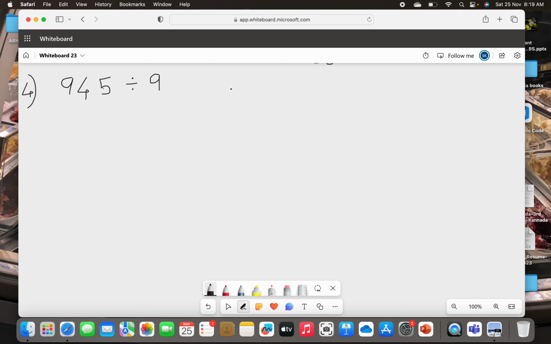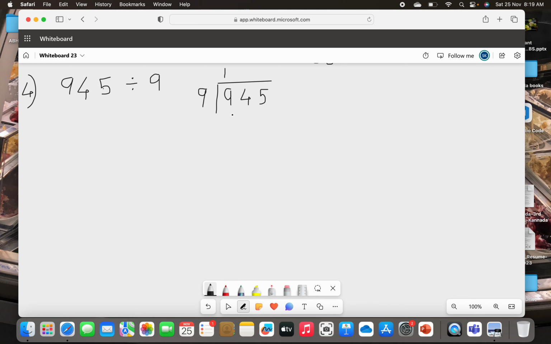All you have to do is write down 9, 4, 5, write a line next to it, write a line on top of the digits, divide by 9.